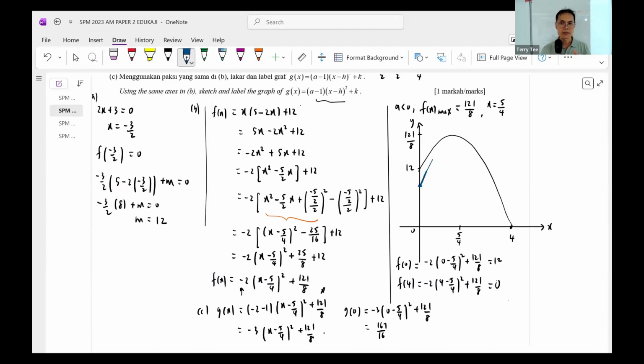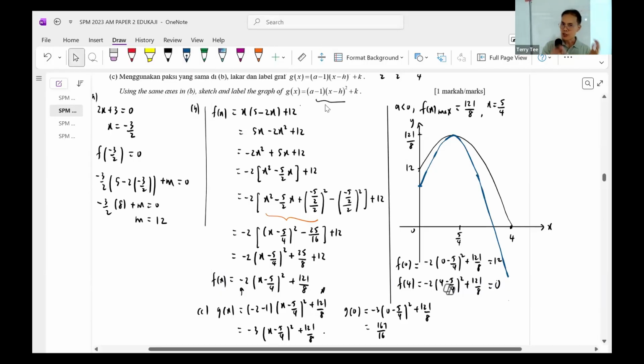It goes up, touches this point, you come back down, you go all the way down. Okay, but do they say that you have to draw this graph from 0 to 4? No, they didn't say, right? So you don't have to go and label all the way down, but I can label this for you, 167 over 16.